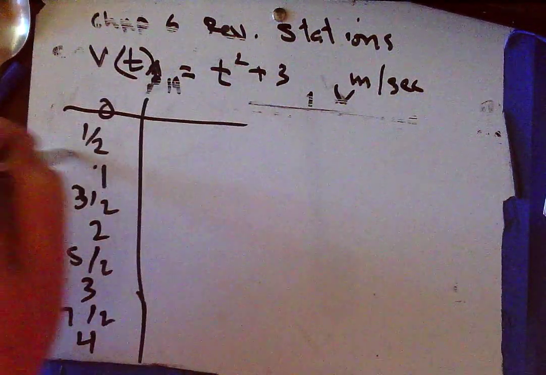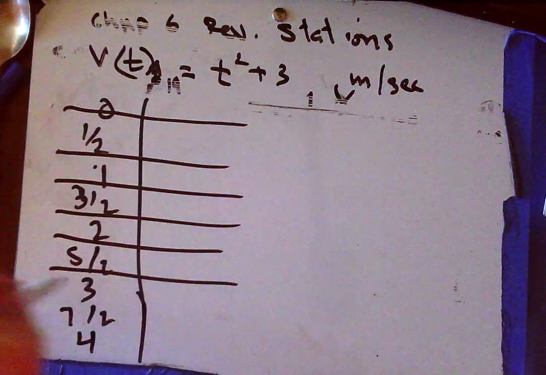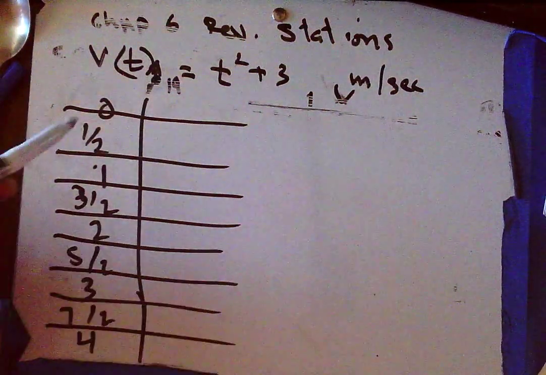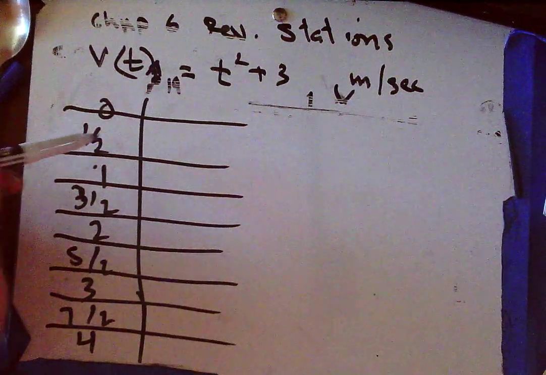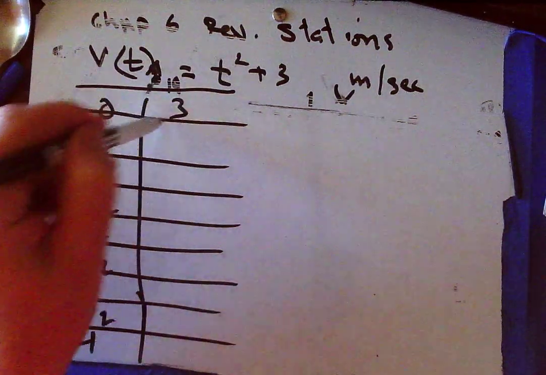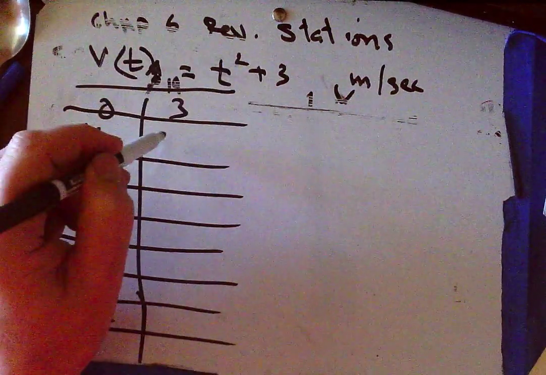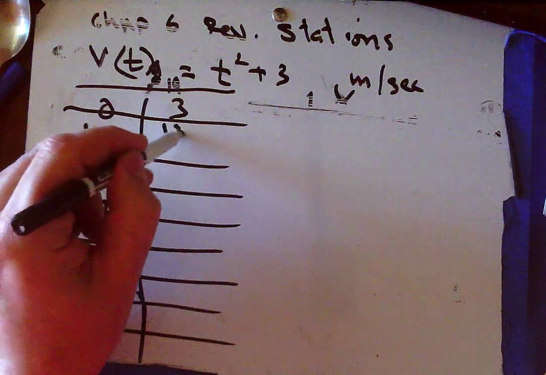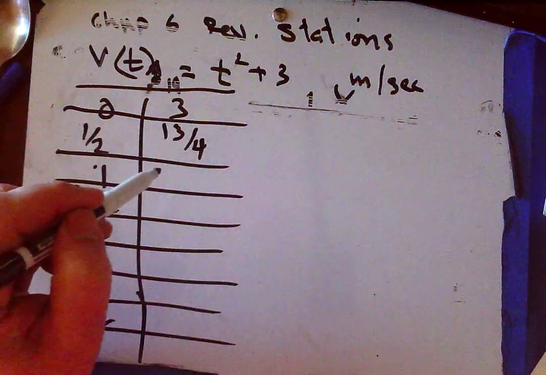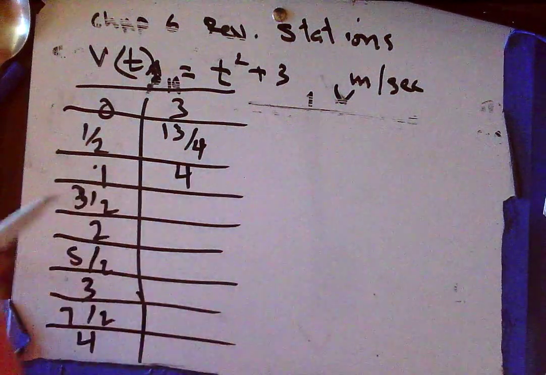And we're still plugging values into velocity. So if we plug in a 0, we get 3. If we plug in that 1/2 and square it, that's going to be 1/4. 3 and 1/4 is going to be 13/4. Nice. This will be 4.